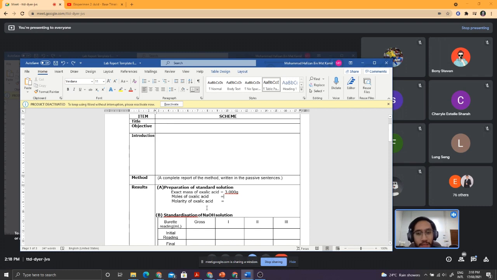And then the moles of oxalic acid: how do you get it from the mass?